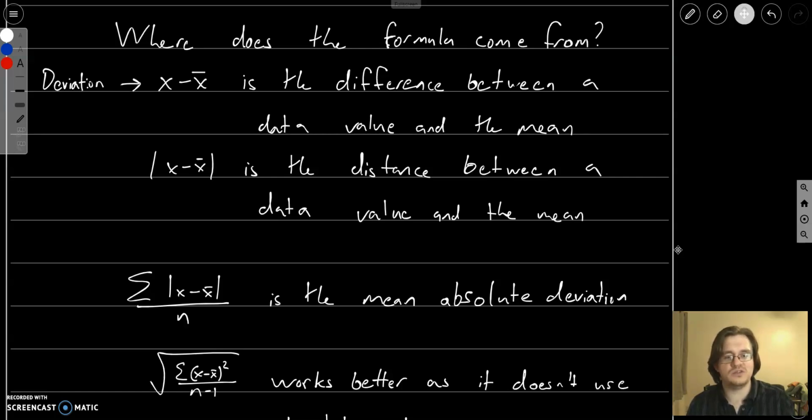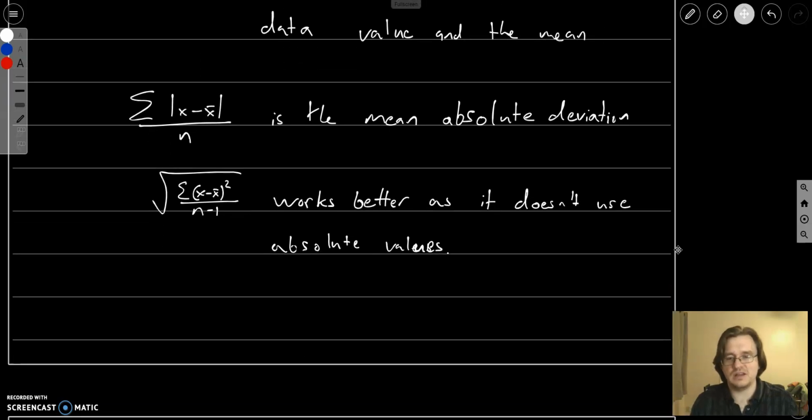So what we could do is take the average of all of these distances, and by this I mean the mean of all of these distances. And this is one way to measure variation in the data, the spread of the data. However, it doesn't work as nicely as our standard deviation because this uses absolute values.